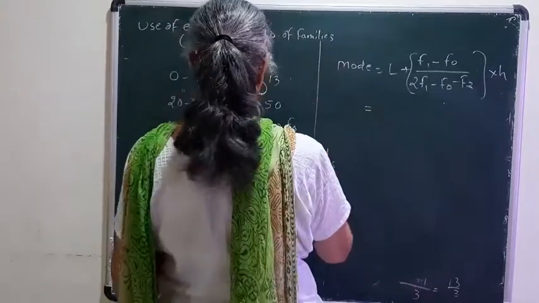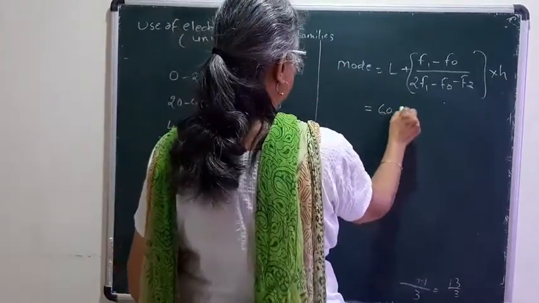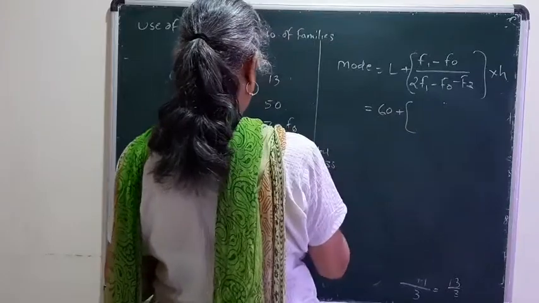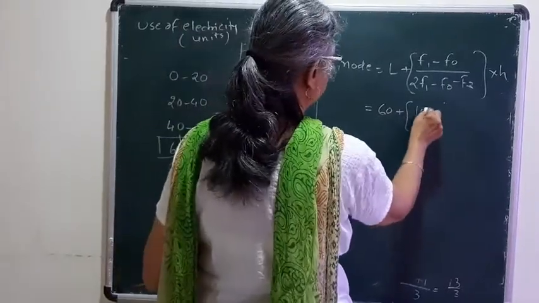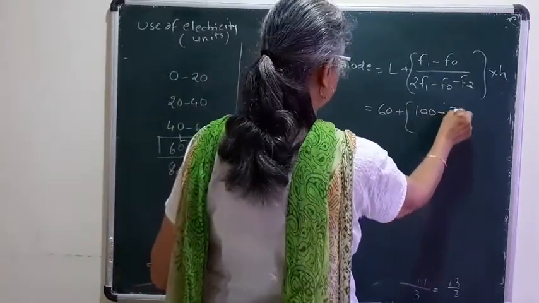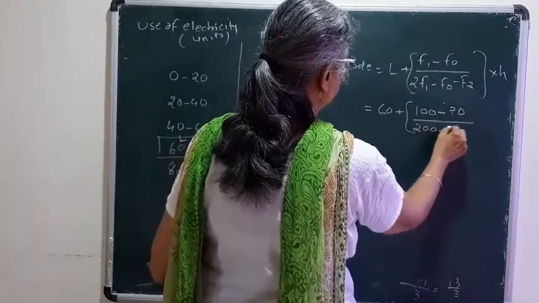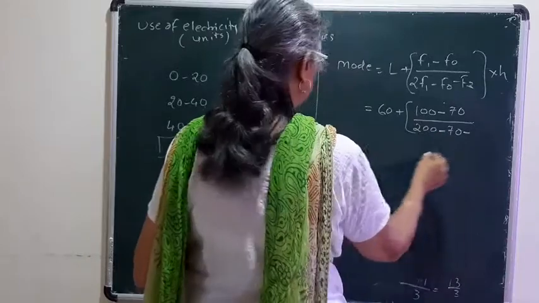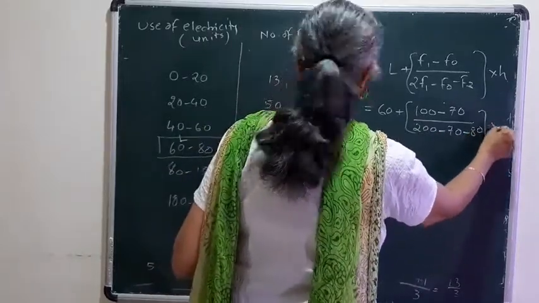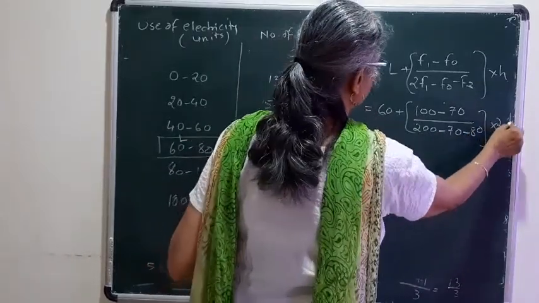So L we have 60 plus F1 we have considered here 100 minus F0 70 upon 2F1 means 200 minus 70 minus F2 is 80, into height is 20.